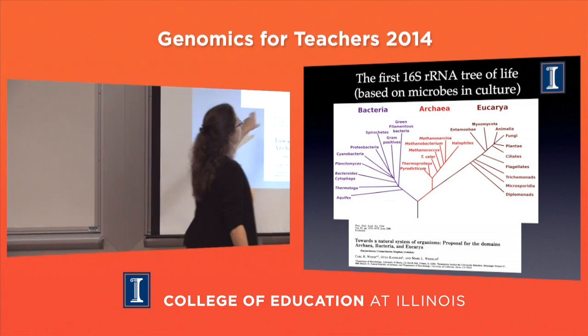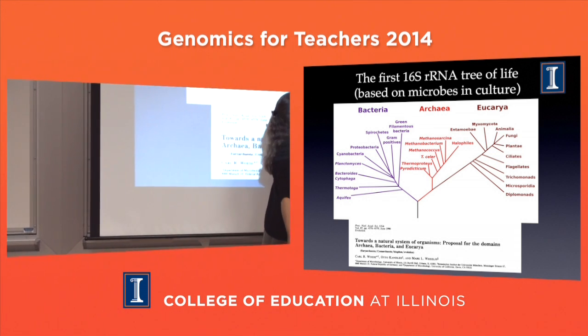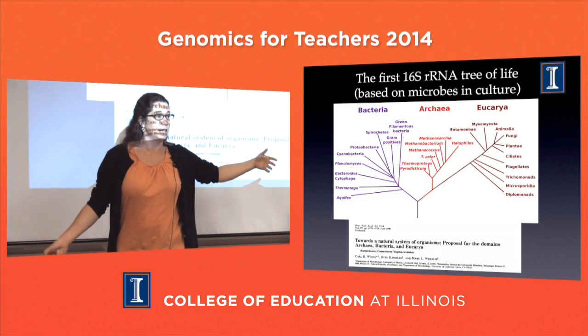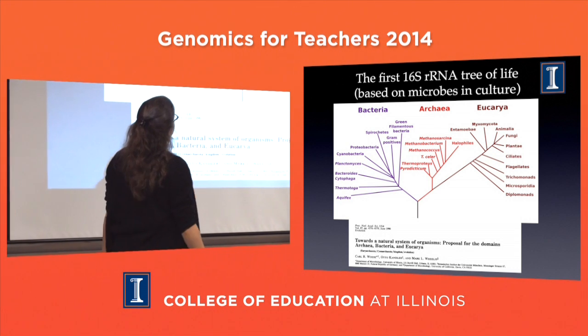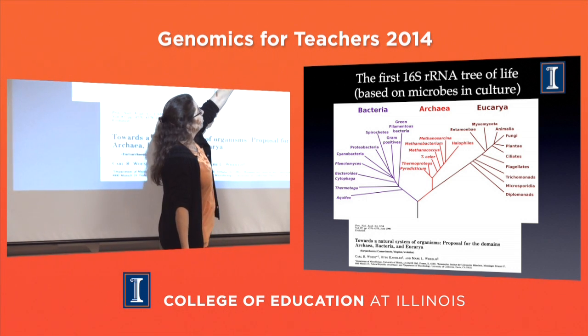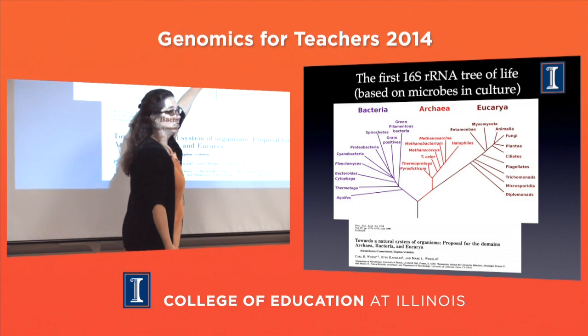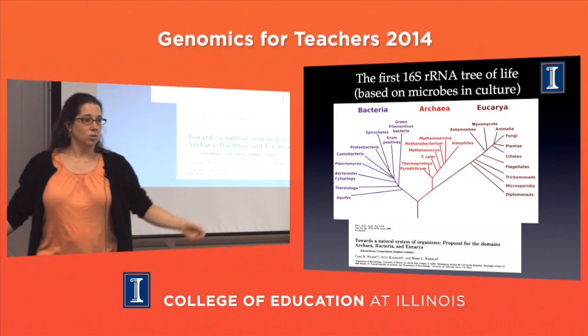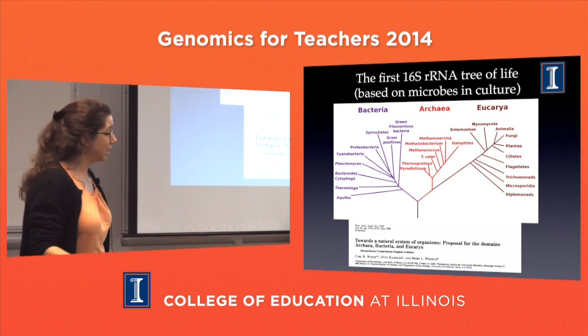So he originally was using these methanogens that are here that ended up to be archaea. He compared them to yeast and to human ribosomal RNA and found out that the archaea and eukaryotes are more closely related to each other than either one is to bacteria, that there's actually these 3 domains of life. And that was the big change.